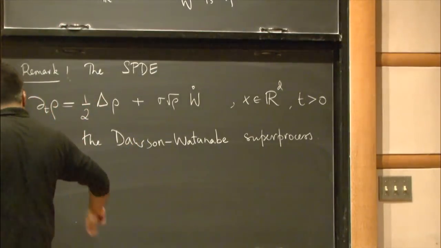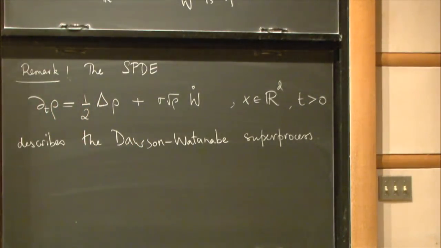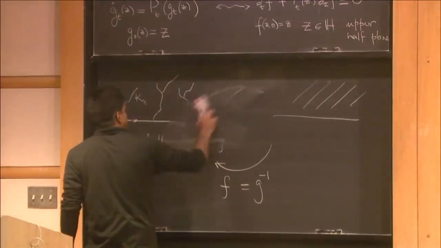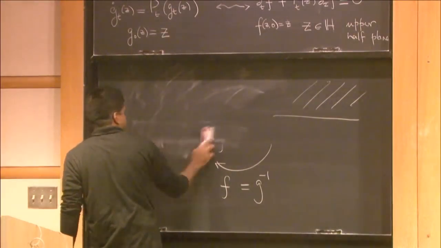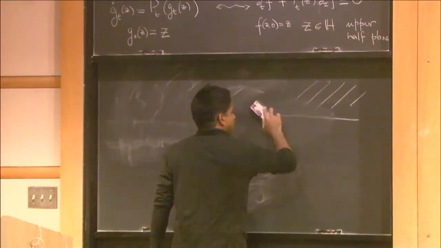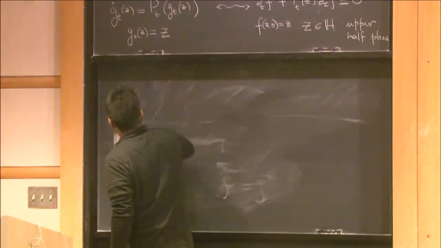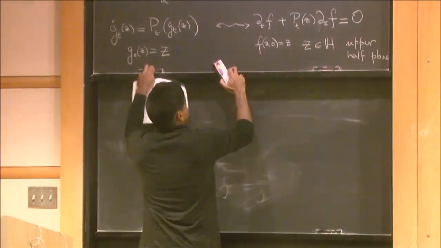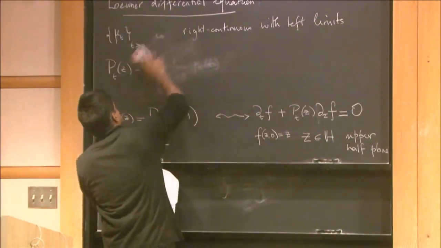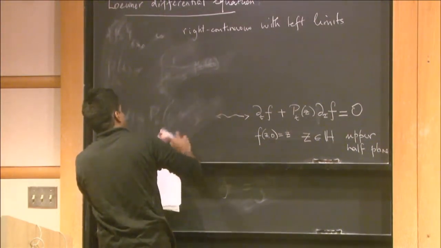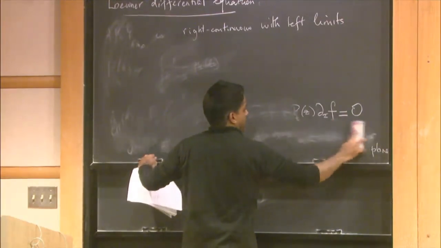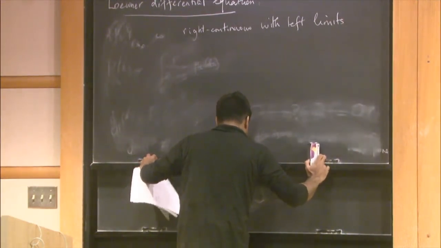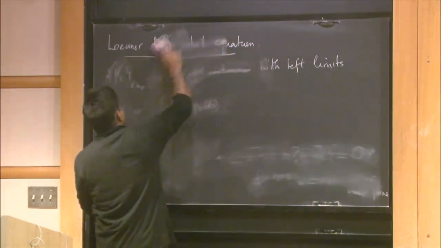So let me state the theorems that go with this. We believe that this is a very interesting limiting object, and at least we have partial results that say that it's an interesting limiting object. So let me just explain where the SPDE is coming from, and then tell you why it's the right object.